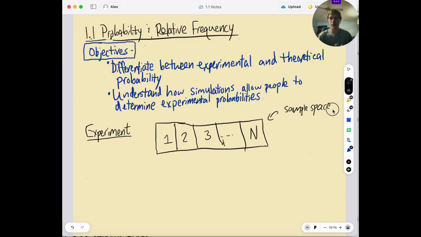The sample space is basically the set of all possible outcomes of an experiment. You really can think of this as a set, which is just a collection of objects. For most purposes in probability theory, we're going to consider those to be numbers, but really sets can be collections of whatever you want, and that's a sample space.